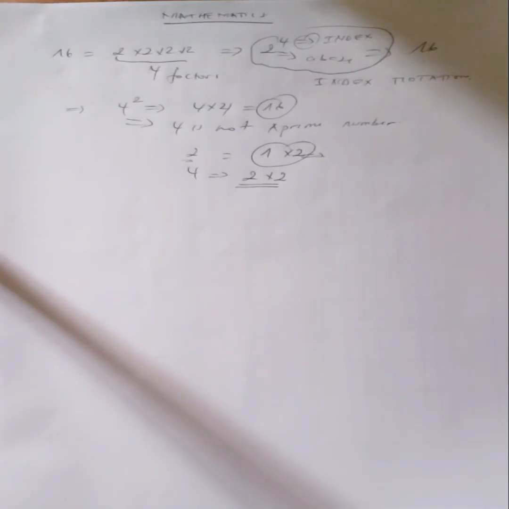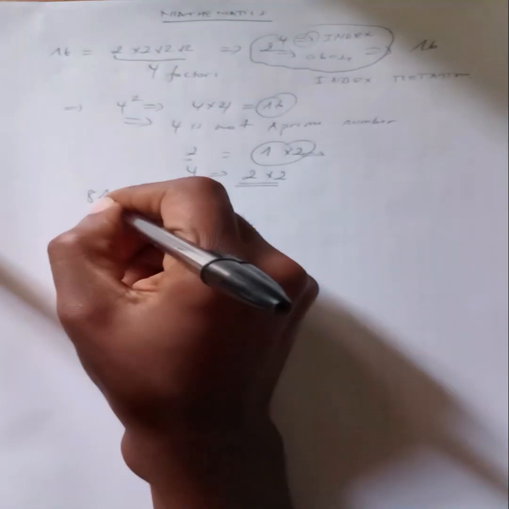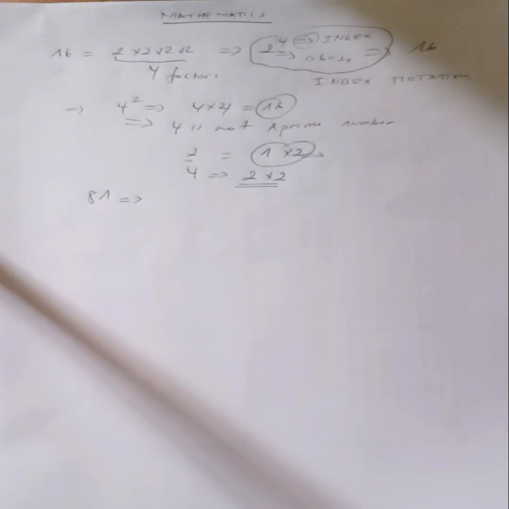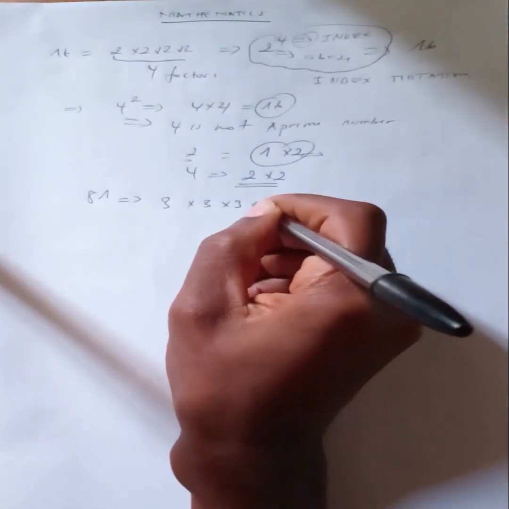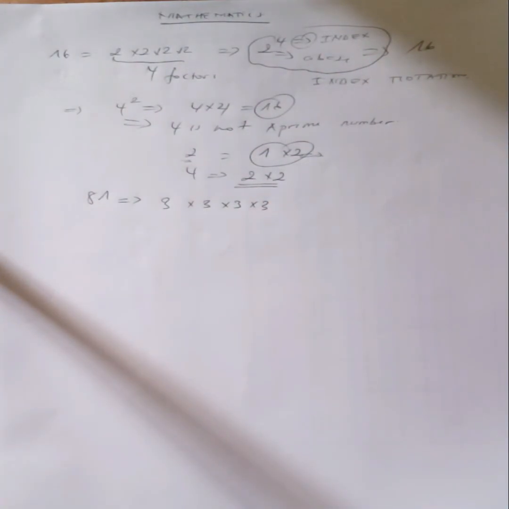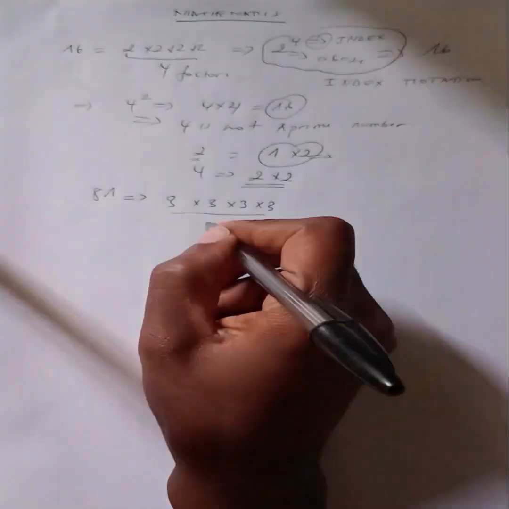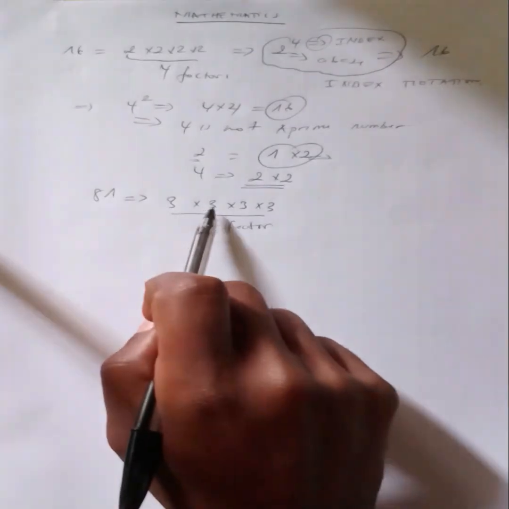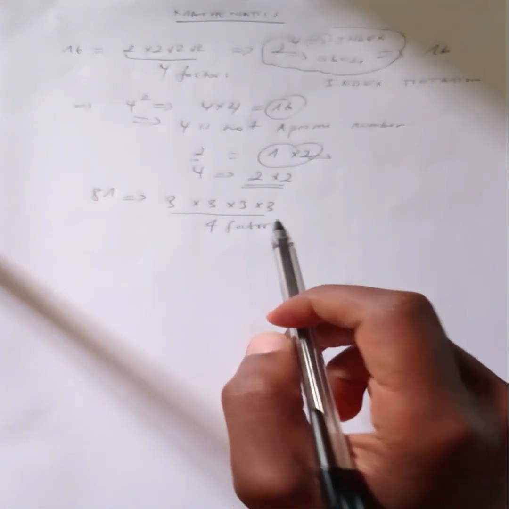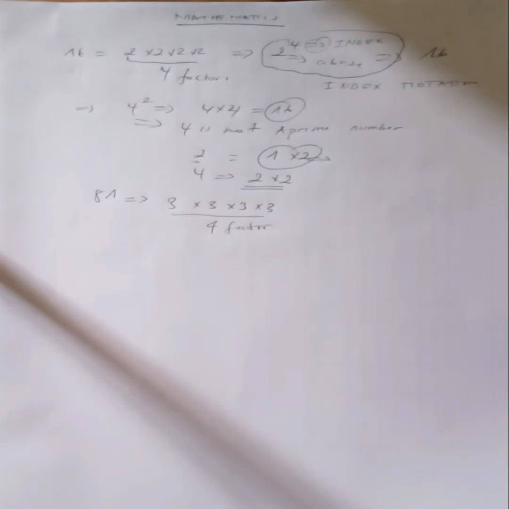For index notation, we can have other examples. For example, let's take 81. 81 is 3 times 3 times 3 times 3, which means we have 4 factors of 3.